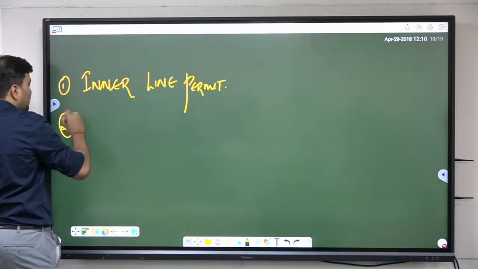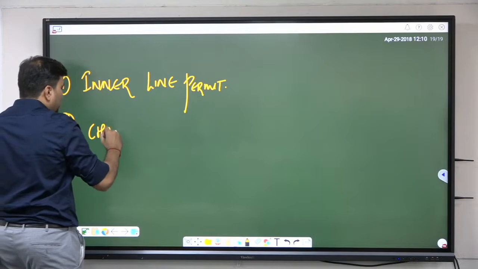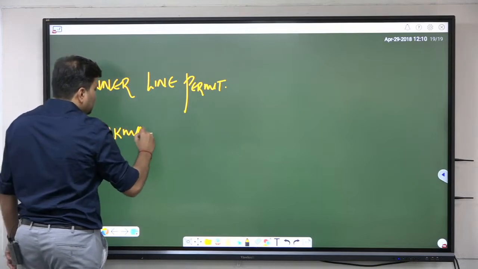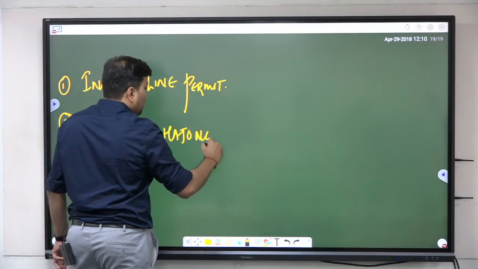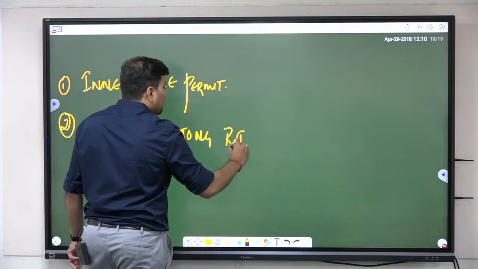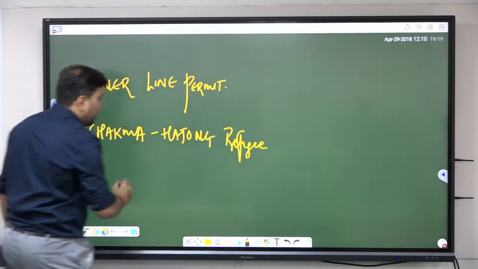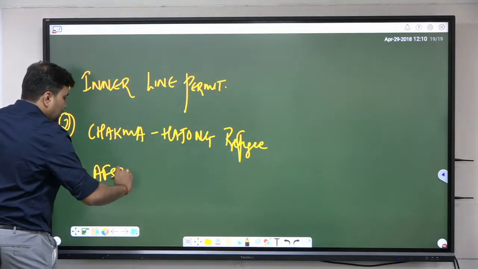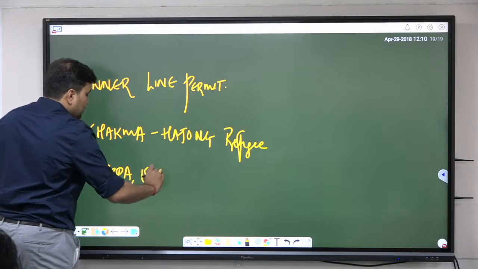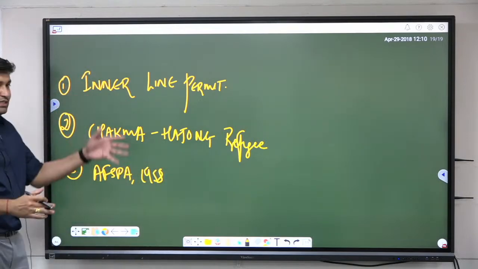Second is about Chakma Hajong refugees. And third is your AFSPA 1958, which is always in controversy.